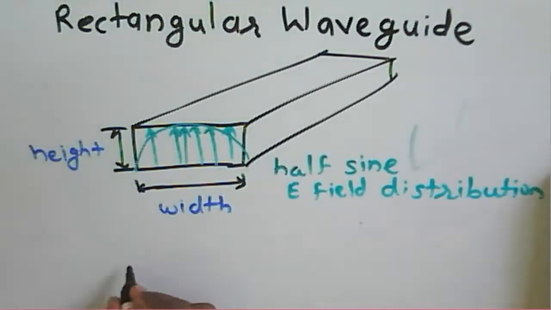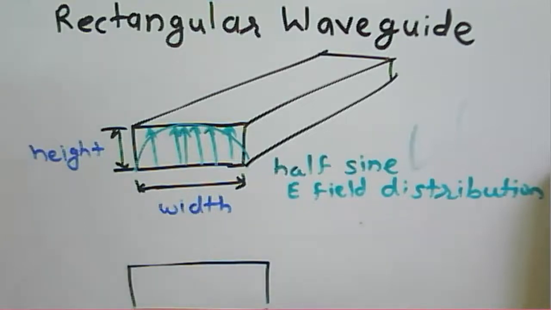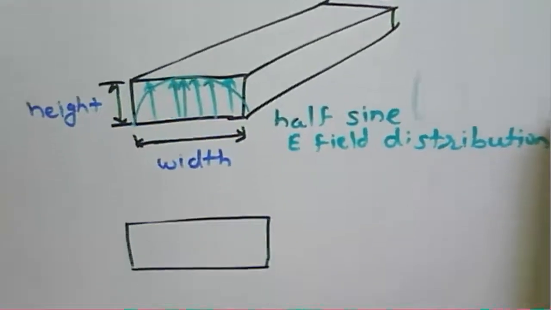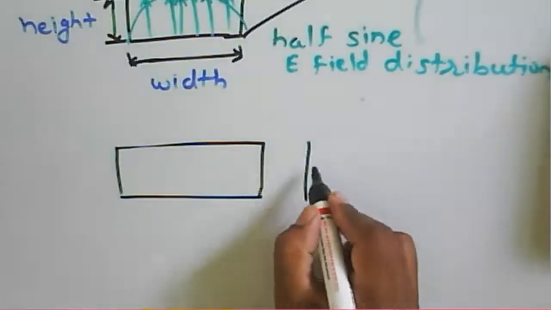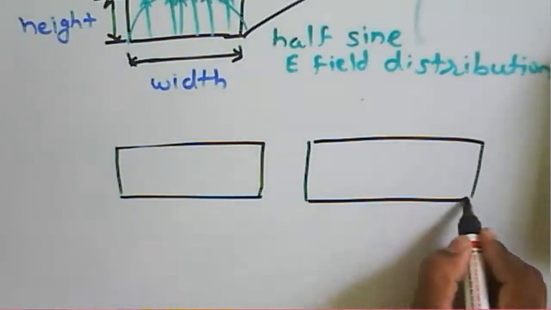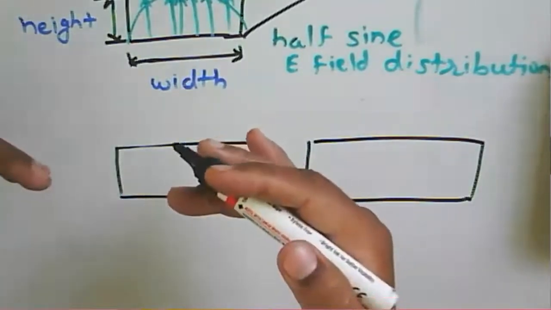Now, for the rectangular waveguide, what about the field distribution for the magnetic field? For a rectangular waveguide, we consider a rectangular cut section.